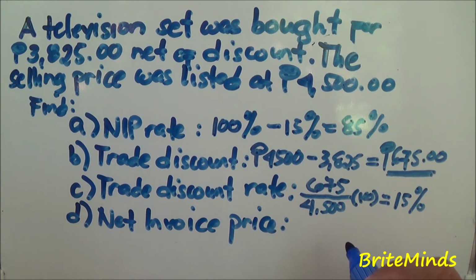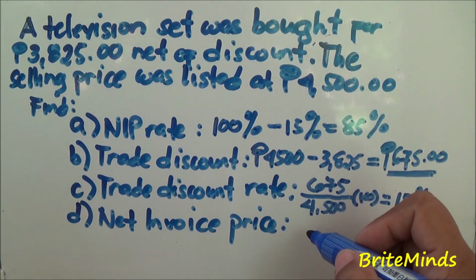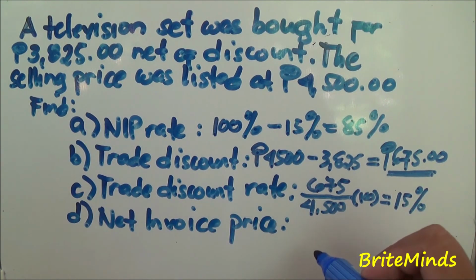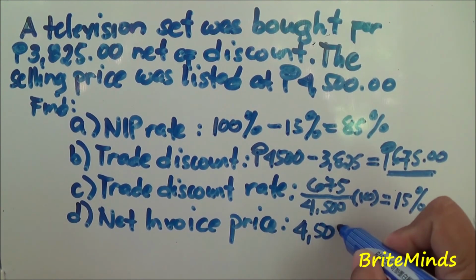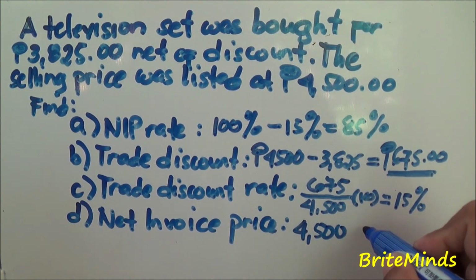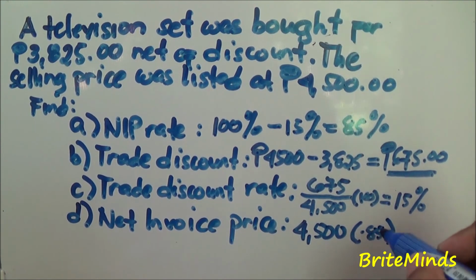You remember the formula, list price multiplied by the NIP rate. So our list price is 4,500, multiplied by the NIP rate of 0.85.